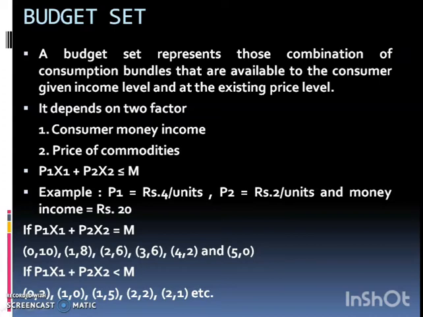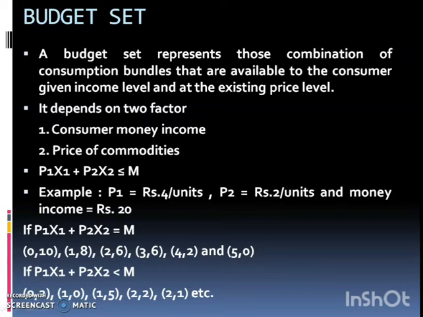So from the definition we can understand that the budget set depends on two factors: the consumer's money income and the prices of the commodities. That means expenditure on good 1 plus expenditure on good 2 is less than or equal to the money income of the consumer. That is, within the money income of the consumer, how much the consumer can purchase.